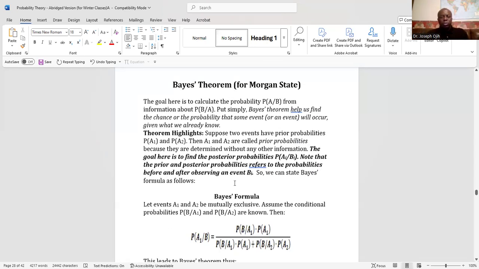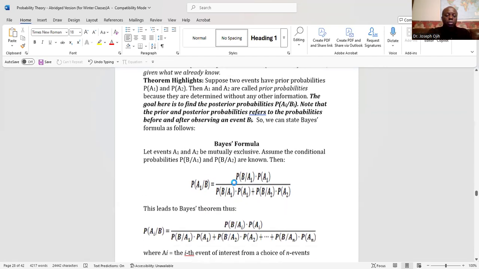Now the goal of Bayes' theorem is to help us find the probability that an event will occur, given what we already know. This is the formula we use.